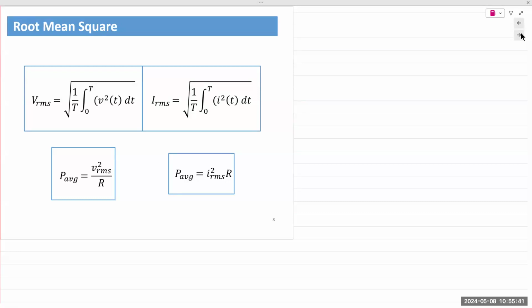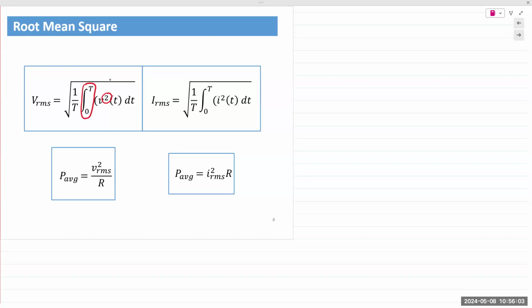So if you look at the mathematical equation here, we have V of t. We first square V of t. That's the initial step. Then we sum it up. Integrating is nothing but summation of all the individual slices, dt.